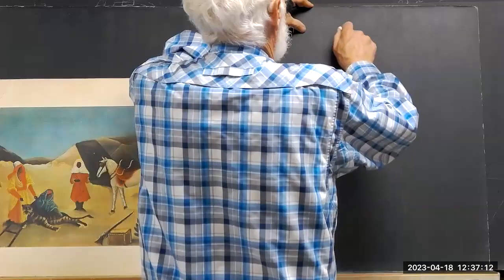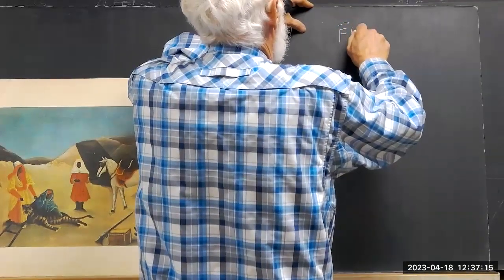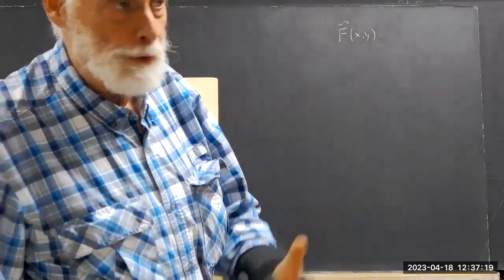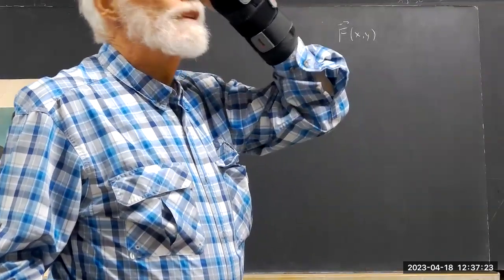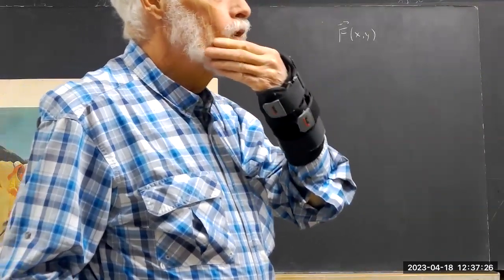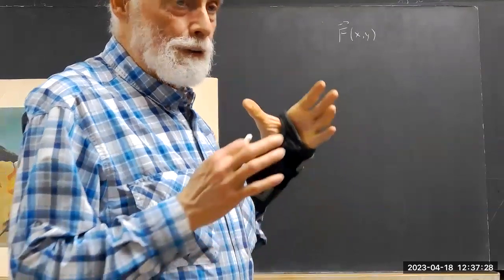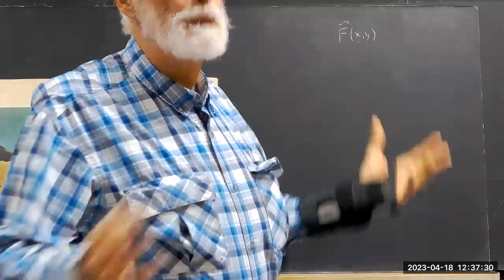Let's say we have, we'll just do this in 2 dimensions because Green's theorem works only in 2 dimensions. Now, the last 2 sections of the text, among other things, extend Green's theorem essentially into 3 dimensions.